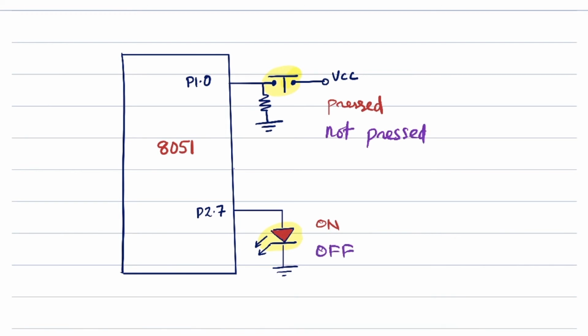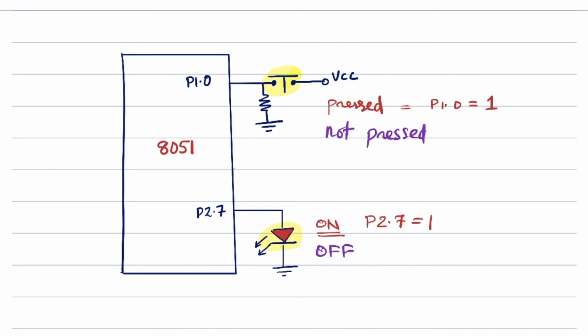What we need to do is, if the switch is pressed, P1.0 will become 1, and we will send P2.7 equals 1. So when P2.7 equals 1, the LED will be on.